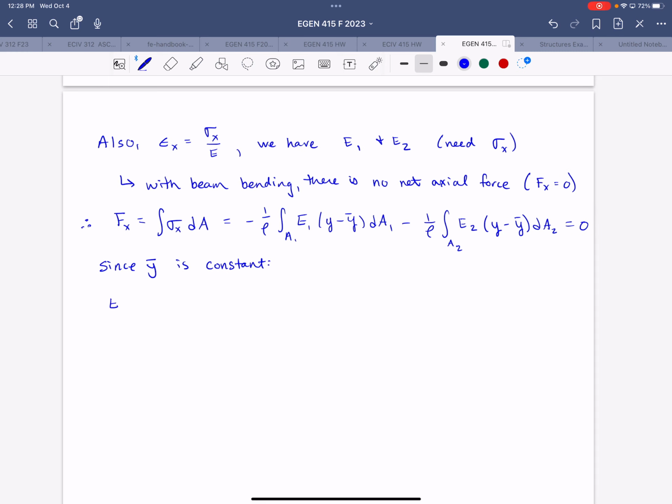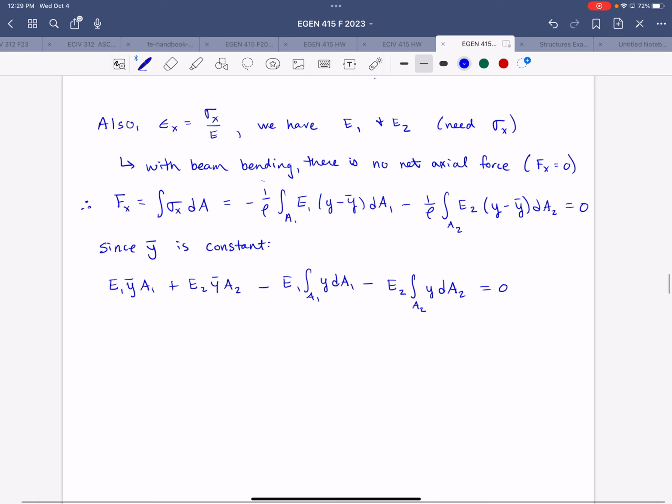So we have capital E1 y bar A1 plus capital E2 y bar A2 minus E1 times the integral over area A1 of y dA1 minus capital E2 times the integral over area A2 of y dA2 is equal to 0.